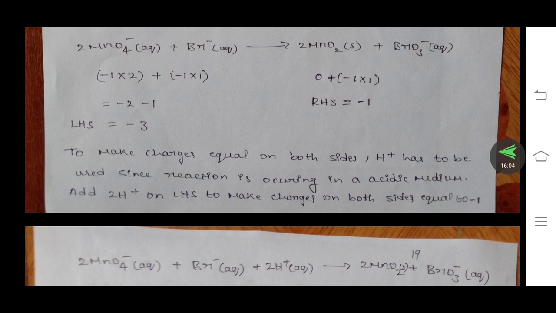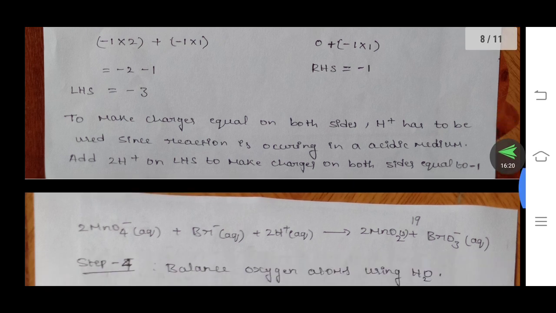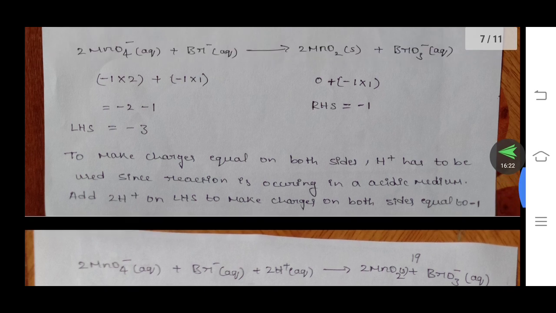Now this is also an acidic medium, right? In an acidic medium you have to add H plus ions to make charges equal on both sides. H plus has to be used since the reaction is occurring in acidic medium. Add 2 H plus on the LHS to make charges on both sides equal to minus 1. When you add 2H plus on the left hand side, this gives plus 2 charge.